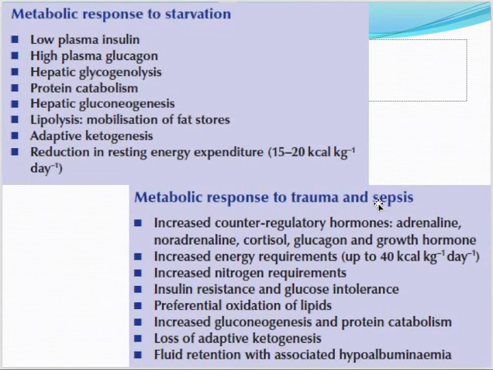It is very important to recognize how much injury or trauma is there. For example, there are mild grades of injuries, there are severe types of injuries. So in mild surgeries, these responses will be mild, but in severe injuries or big surgeries, these responses will be greater.